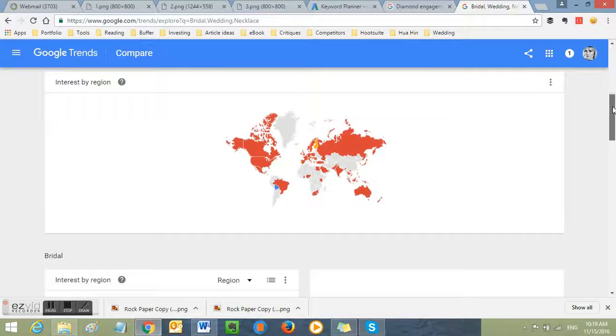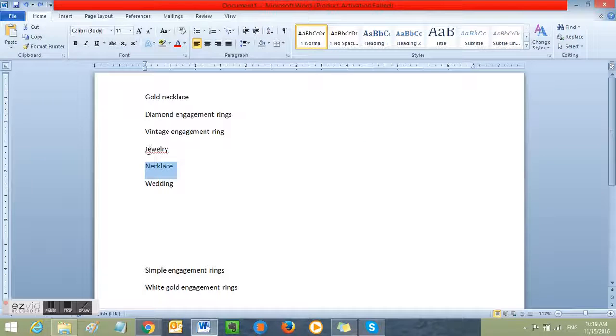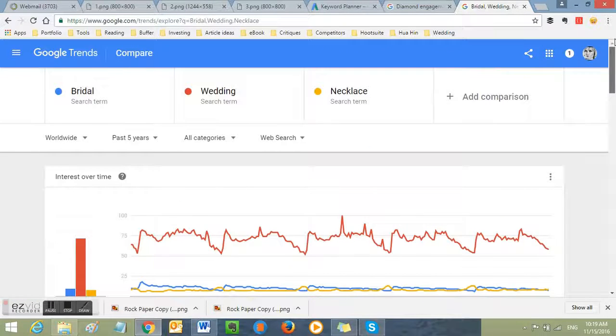We're going to see how it compares within, that's interesting, within Finland. Yeah, 6 searches per month for necklace compared to 44 for wedding, but we're going to leave it anyway. And now we're going to check the jewelry term.